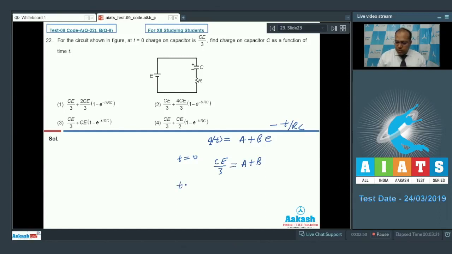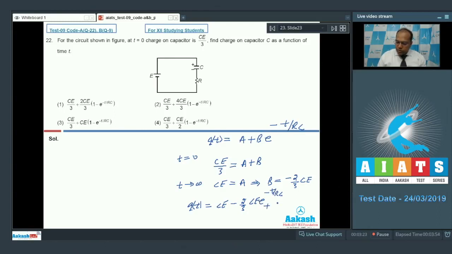And when t approaches infinity, then the charge on the plate of the capacitor is CE. So that is equal to A. So on solving, the value of B comes out to be minus 2 by 3 of CE. So if I substitute the value of A and B here and solve, then Q(t) comes out to be CE plus, that is minus of 2 by 3 CE into e raised to the power minus t by RC.